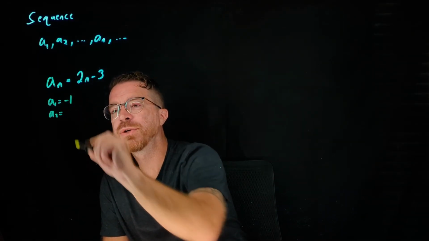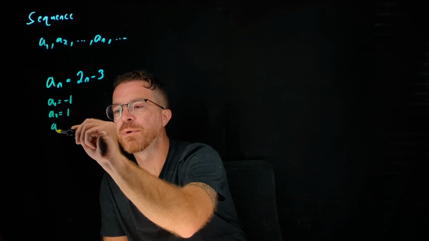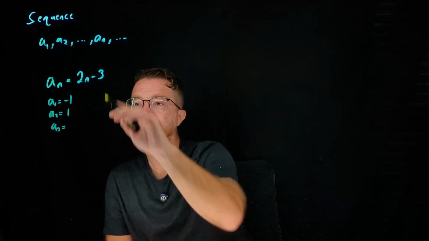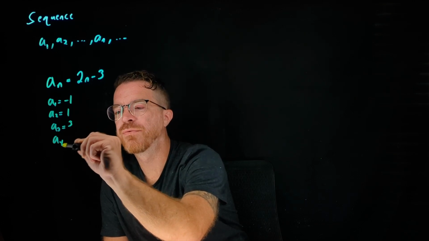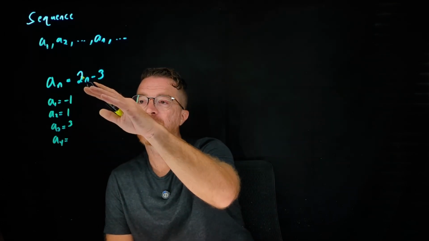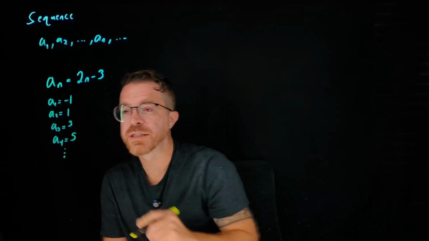If we were to plug in 2, we would get 2 times 2 is 4, minus 3 is 1. If we were to plug in 3, we would get 3 times 2 is 6, minus 3 is 3. If we were to plug in 4, this would be 4 times 2 is 8, minus 3 gives us 5. And then, of course, this could go on and on.